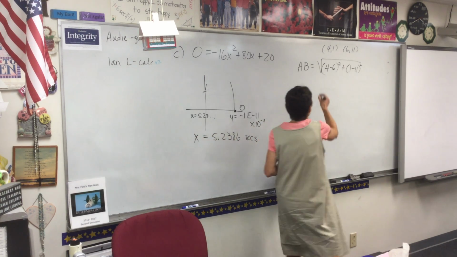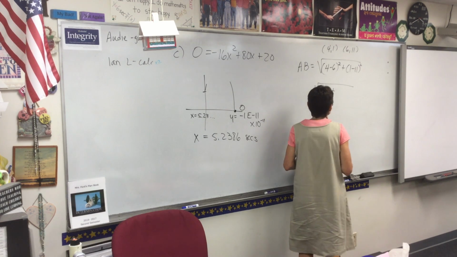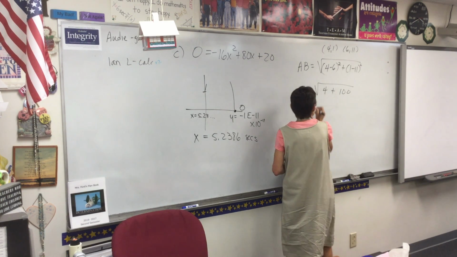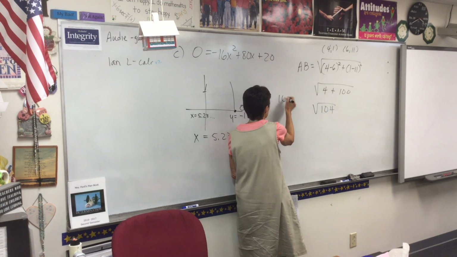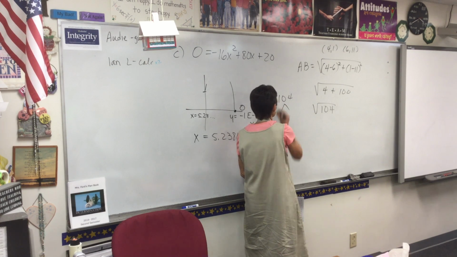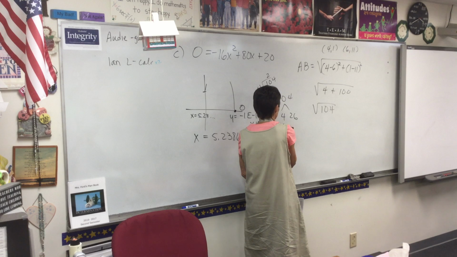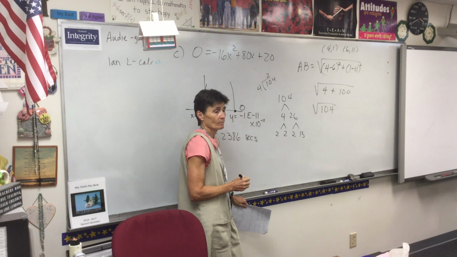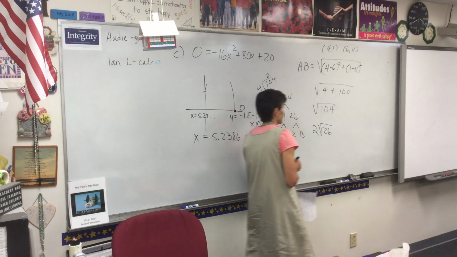So we got the square root of (4 minus 6) squared plus (1 minus 11) squared. So we have the square root of 104, which, if it breaks down, we break it down. 104 divides by 4, I think. 4 times 26. So that's 2 and 2, and 2 and 13. So out comes a 2, in stays a 26. There's my answer.